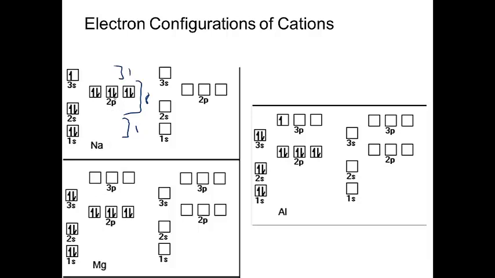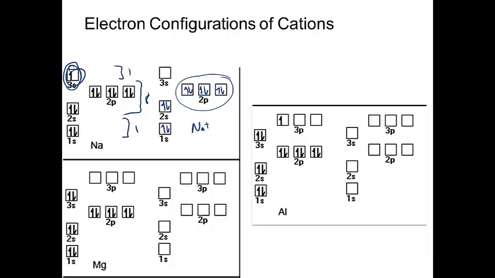When you make an Na+ ion, you take away the highest energy electron. So Na makes Na+, and the reason it doesn't make Na2+ is you'd have to take away one of these electrons, and they're lower in energy. You get rid of the high energy electron fairly easily, but it's not as easy to take away the low energy electrons.